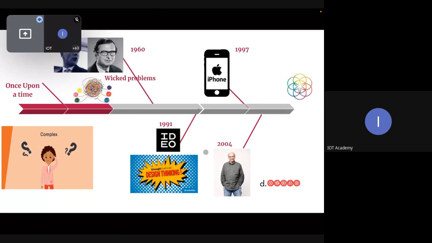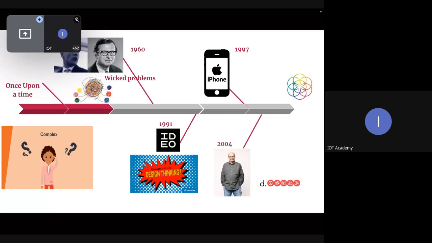So design thinking as a process empowered individuals to become problem solvers, change makers, and most of all, empathetic innovators. That is what design thinking history is all about. It started with a complex problem, and now it is used in all spheres of our lives, in all aspects.